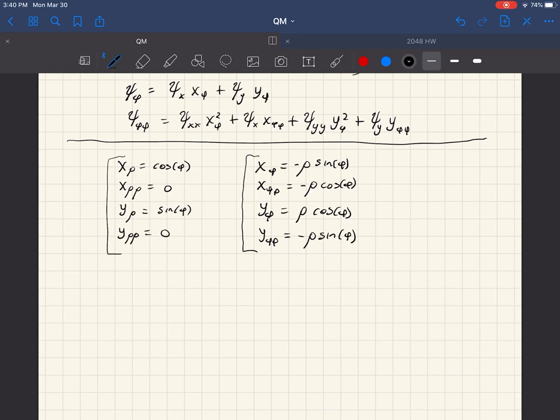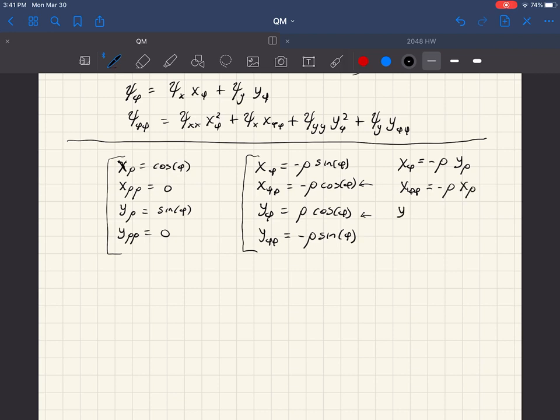For example, cosine phi is actually equal to the rho derivative of x. And here we have a cosine, and here we have a cosine. Same thing with the sine as well. So now we can say x of phi is equal to negative rho times y of rho.